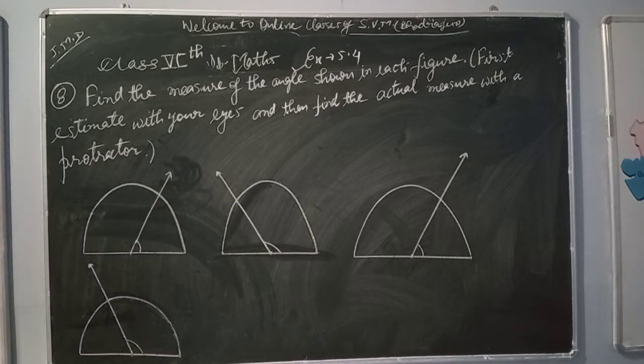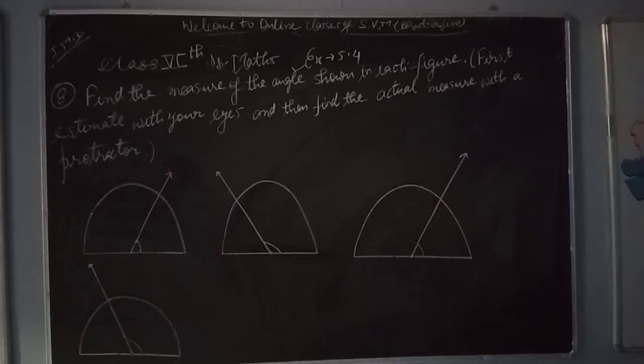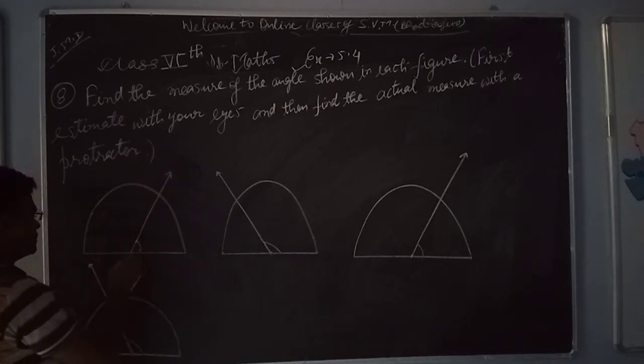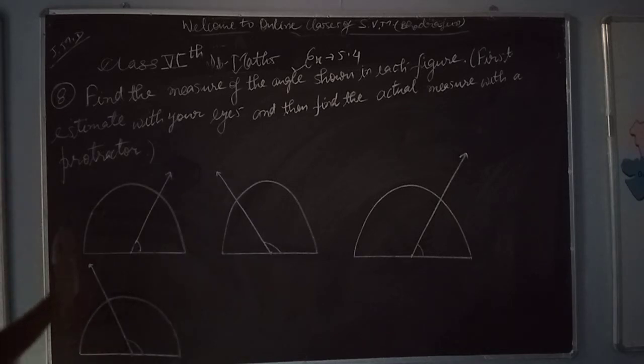Find the measure of the angle shown in each figure. First estimate with your eyes, and then find the actual measure with the protractor. Here I am going to answer only what is clearly visible.